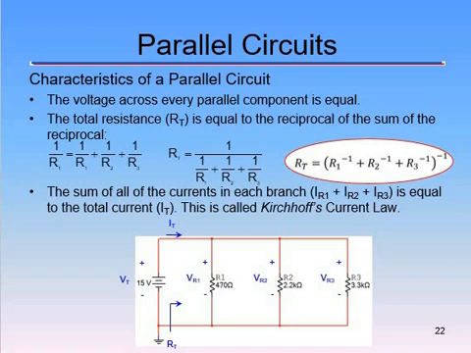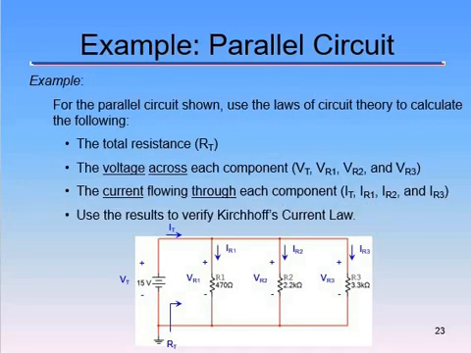Let's go through here, and we're going to do a couple of different calculations as we go. What we need to know: we have to find total resistance for circuits, and we have to find the voltage drop across each component. Now, here's a trick to parallel circuits.